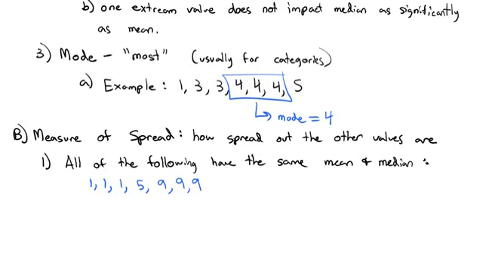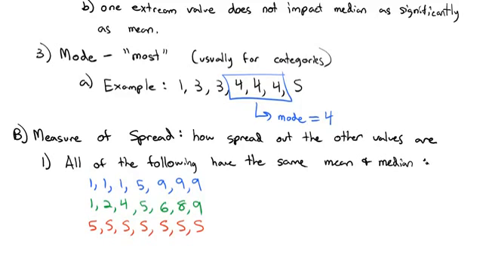That data set has a mean of 5. It also has a median of 5. But if I do another data set of 1, 2, 4, 5, 6, 8, 9, that data set has a mean of 5 and a median of 5. And if I do a data set of 5, 5, 5, 5, 5, 5, 5, that data set has a mean of 5 and a median of 5.